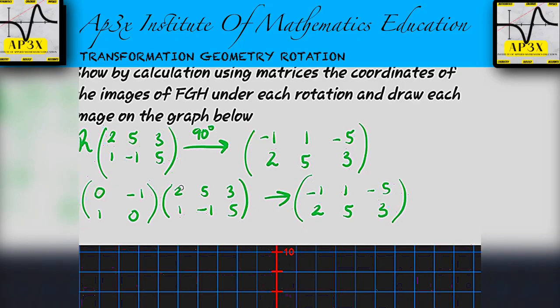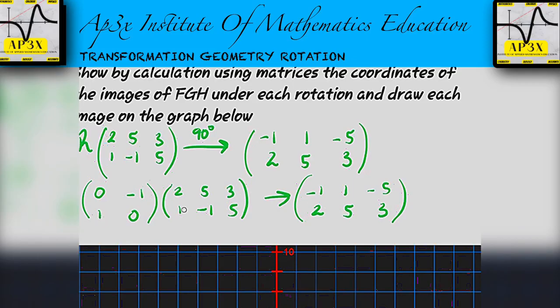0 times 2 is 0, plus negative 1 times 1 is negative 1. 0 times 5 is 0, plus negative 1 times negative 1 is 1. 0 times 3 is 0, plus negative 1 times 5 is negative 5.